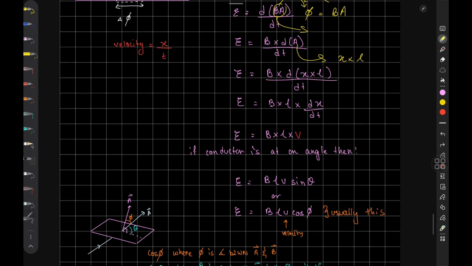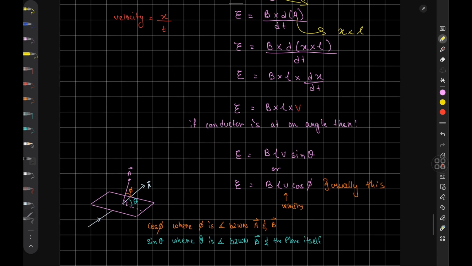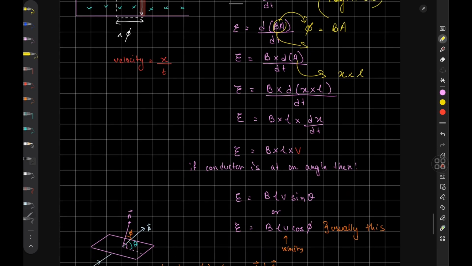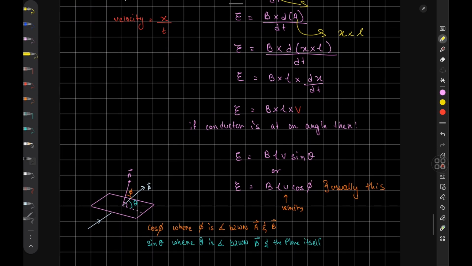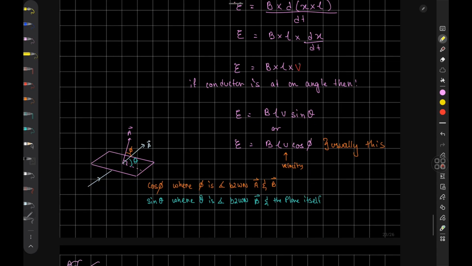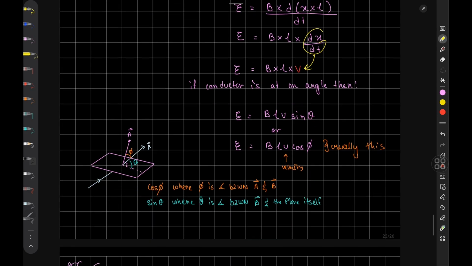So X is changing. So ultimately I can take the L out because that is a constant. So ultimately I have dx by dt. Voila. So what is dx by dt? Distance traveled by the length of wire per unit time. What is that? Obviously velocity. So that is going to be v. Makes sense? Makes sense to me at least.